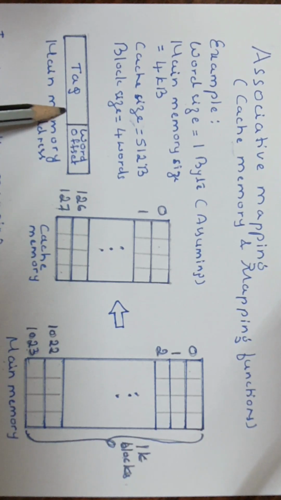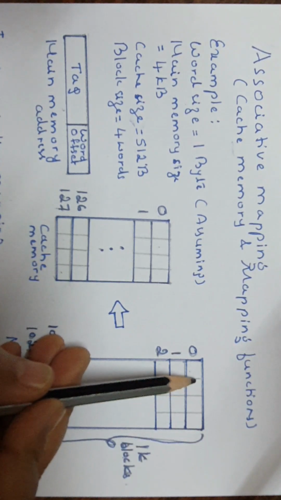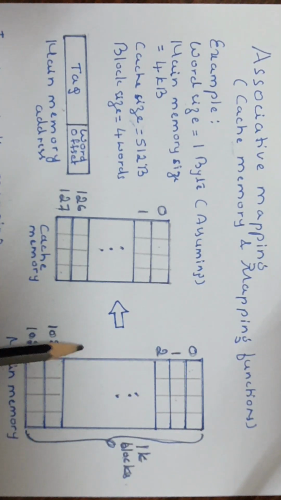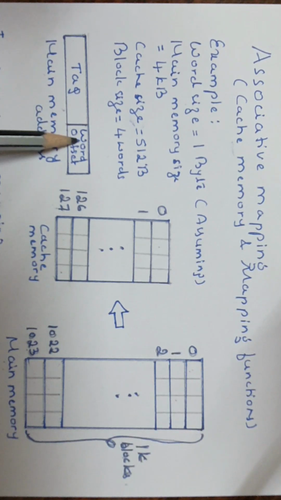This figure shows the division of the physical address of the word given by the processor. Whenever the processor requests any word, it sends the physical address of the word in main memory, which we call the main memory address. It was divided into three parts in direct mapping; here in associative mapping, it is divided into two parts: one part is called the tag and the other is called the word offset.